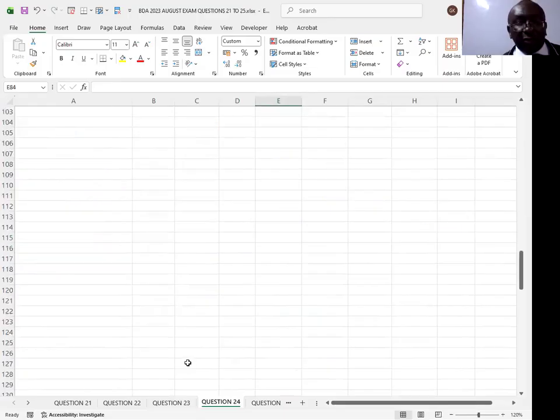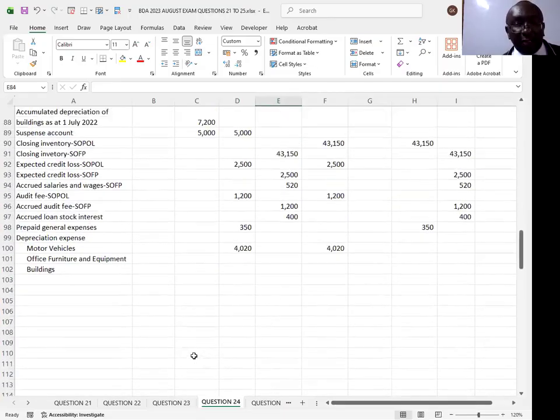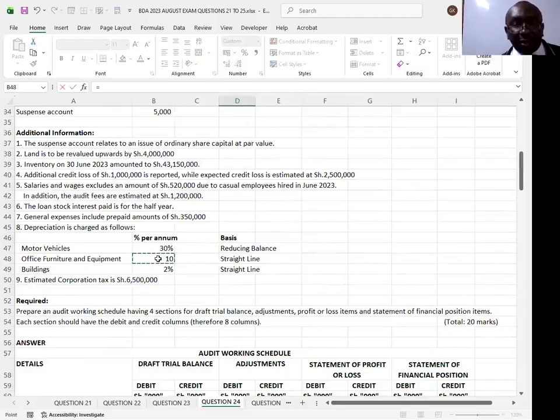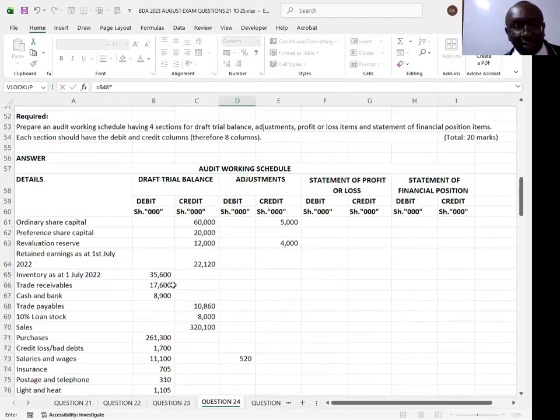We do the same for the furniture. Equals, tukimbia hapo juu, tuangalie wanasema, sijui kama hiyo wameichukua as 10 ama ni just 10%. Let's see whether it will work. Times the straight line. So kama ni straight line, you just multiply by the original cost. The original cost of furniture.